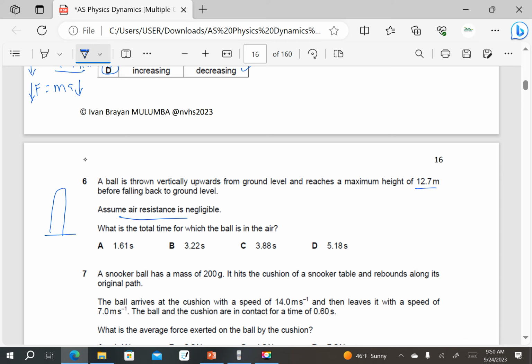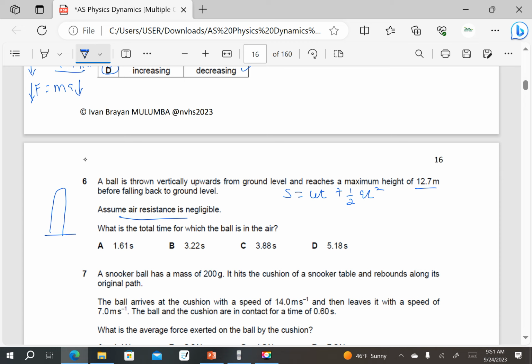Okay. So since air resistance is negligible, the equations of motion can apply, and I will basically use s equals ut plus a half at squared.